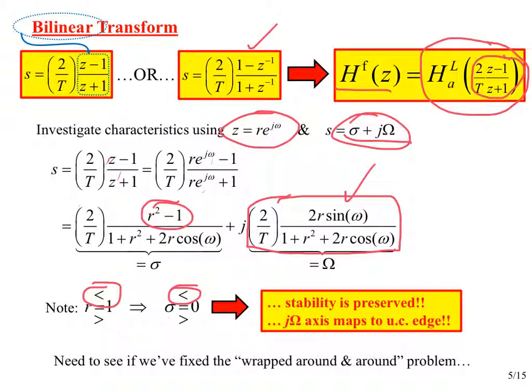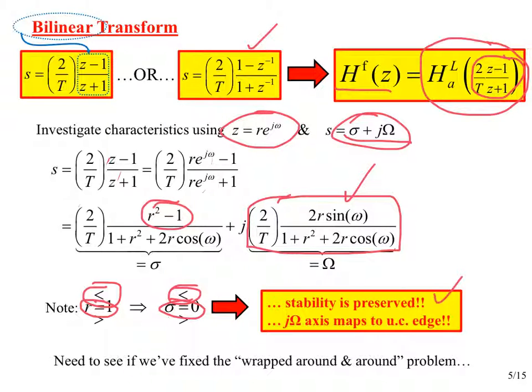So that means the left half of the s-plane maps to the interior of the unit circle, and so stability is preserved. And when r is equal to 1, we see that we need sigma equal to 0. And so that means that the j omega axis maps to the edge of the unit circle. So both of those are good.